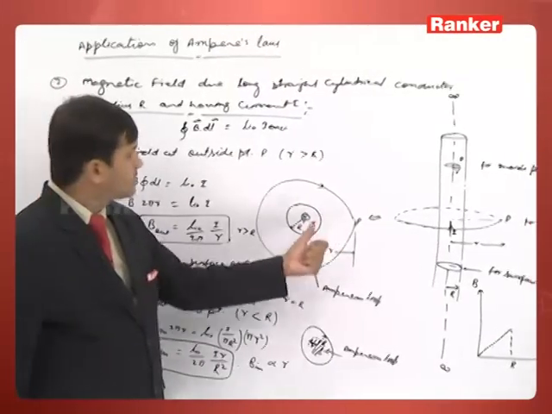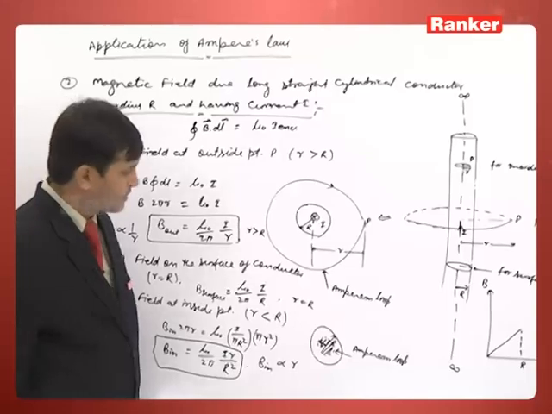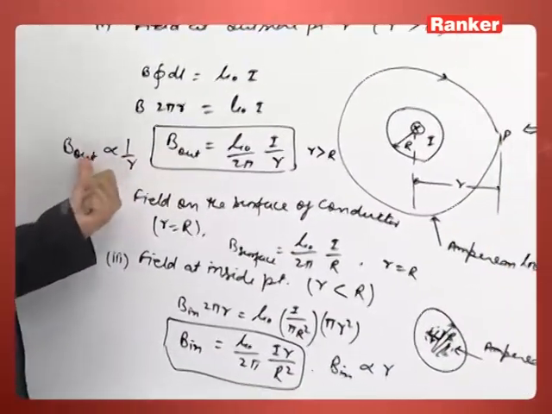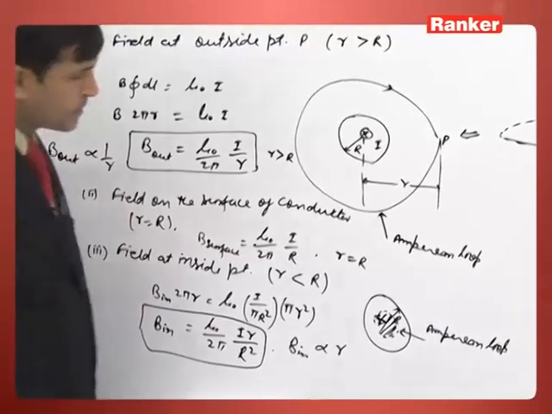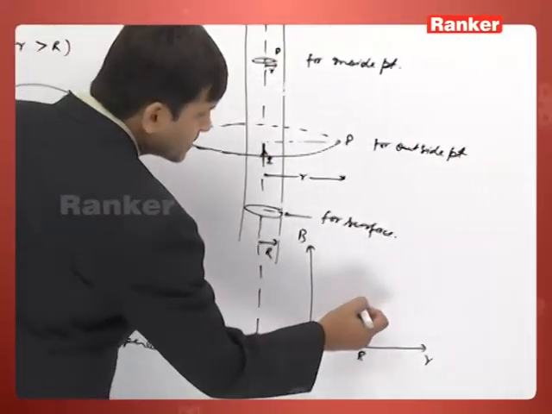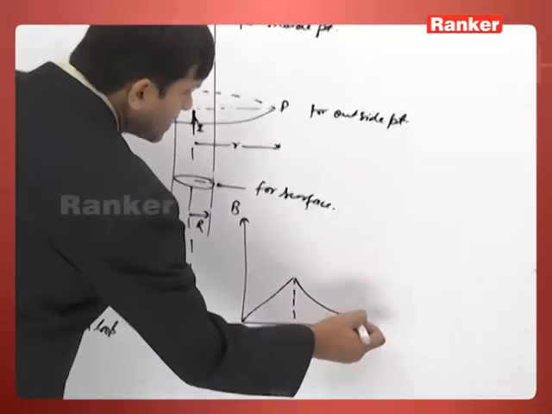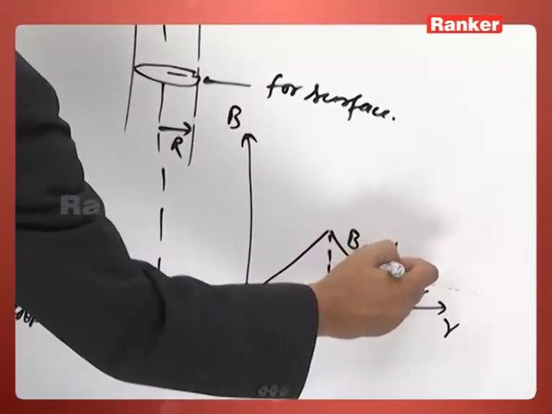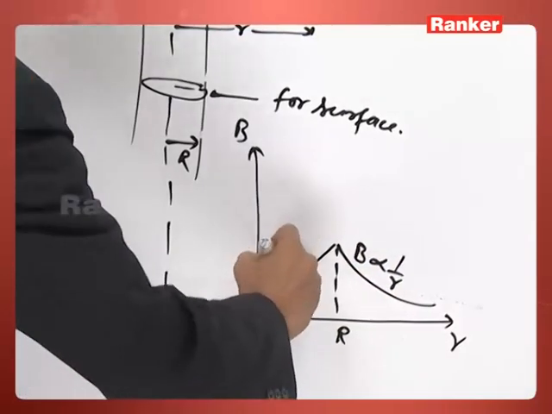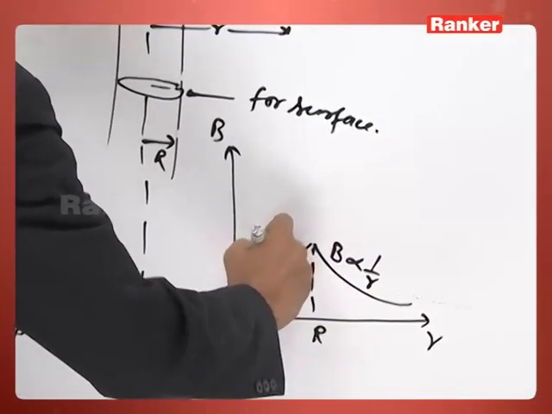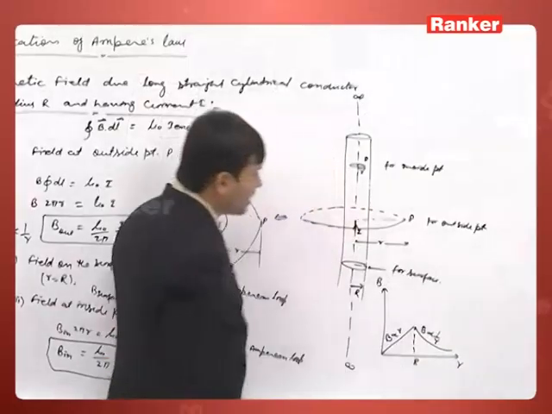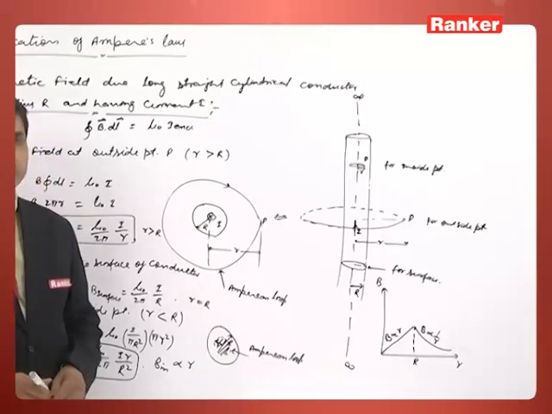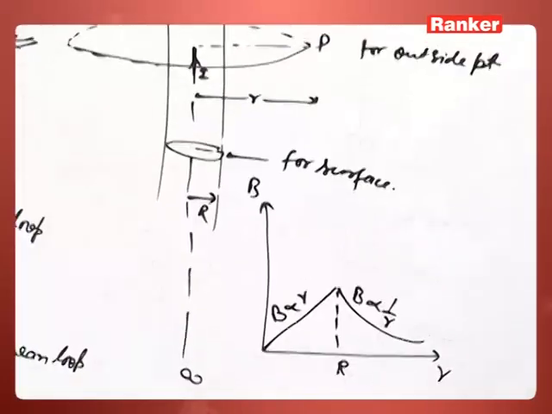Up to the surface means small r is capital R. After that, at outside points, B is inversely proportional to r, so it decreases like this. So here we can write B inversely proportional to r, and here B directly proportional to r. So this is the variation of field from the axis to infinity.